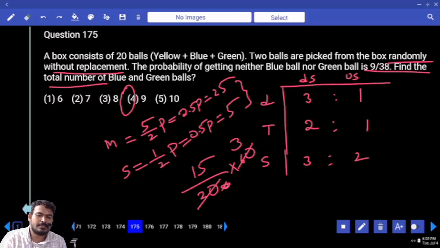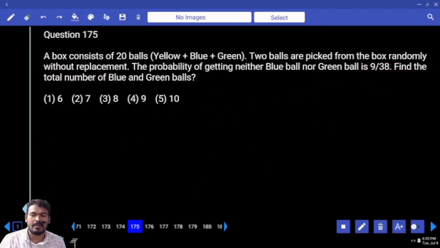A box consists of 20 balls: yellow, blue, green. If 2 balls are picked from the box randomly, with replacement or without replacement? Without replacement. The probability of getting neither blue nor green. Neither blue nor green means only yellow. Find the total number of blue and green balls. Total how many balls are there? 20.